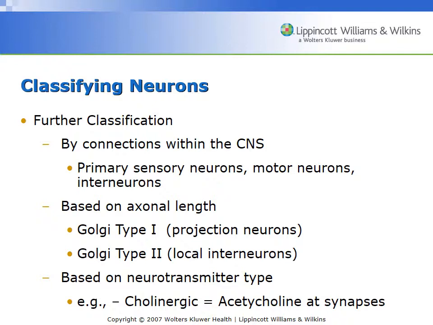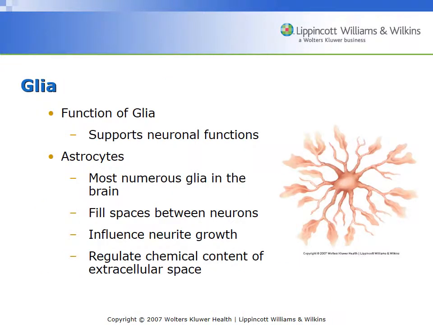Acetylcholine is widely common in neuromuscular junctions, and we will talk about what those are also shortly. Now let's talk a little bit about glia.